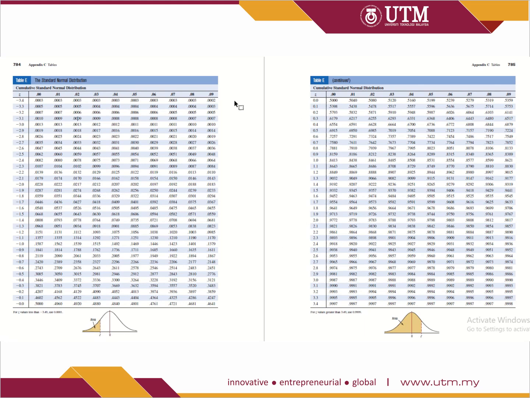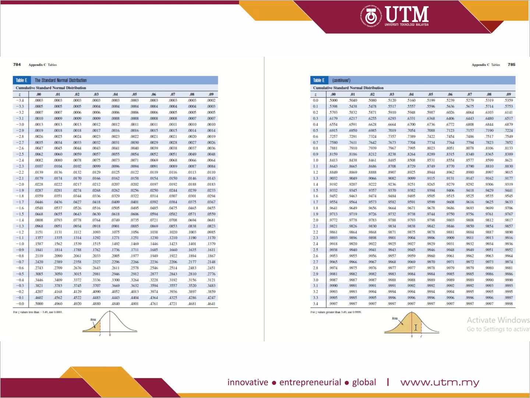Now for the second page of the table, here you can see that the Z values are all positive, meaning that Z is all on the positive side of the axis. So here is Z, and this is the area.